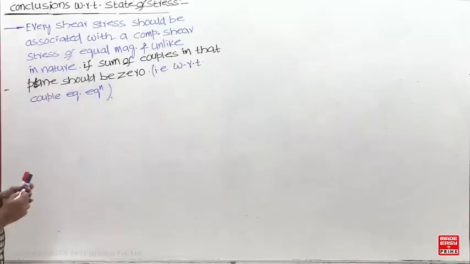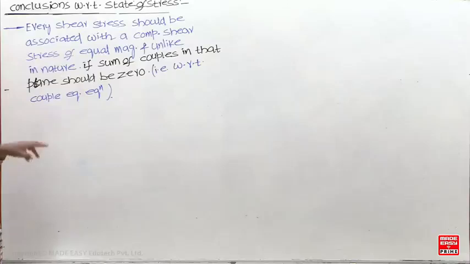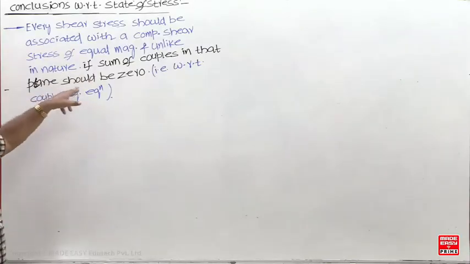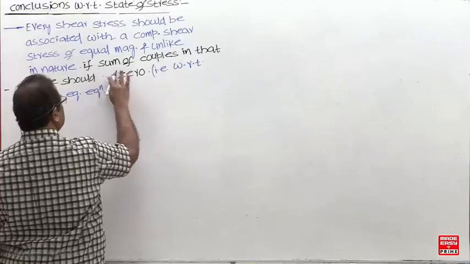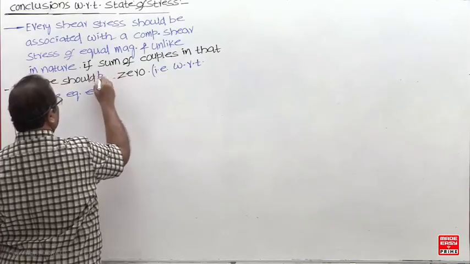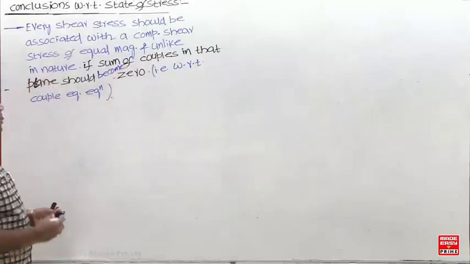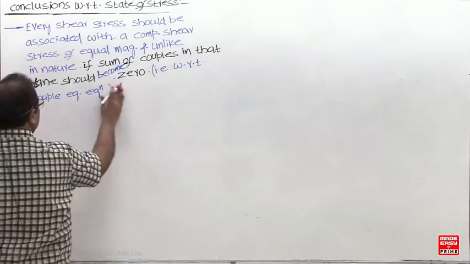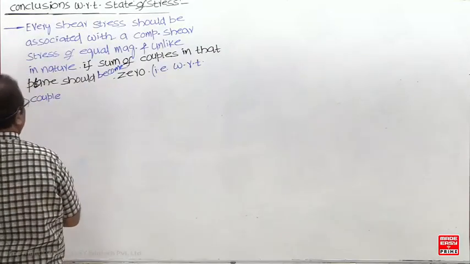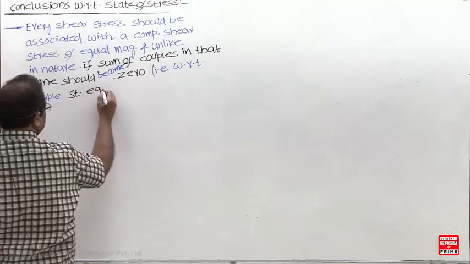Every shear stress should be associated with a complementary shear stress of equal magnitude, unlike in nature. The sum of couples in that plane should become zero. That is with respect to the couple equilibrium equation, the static equilibrium equation.